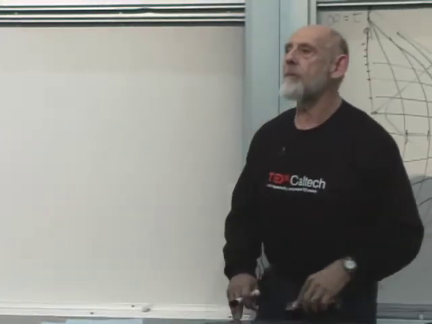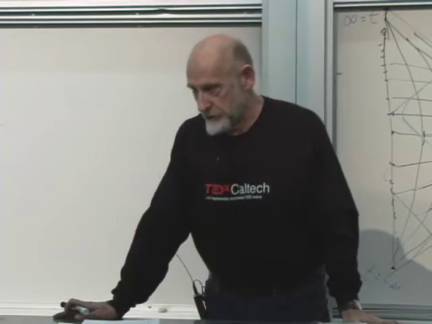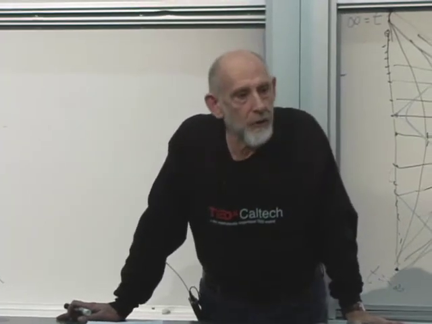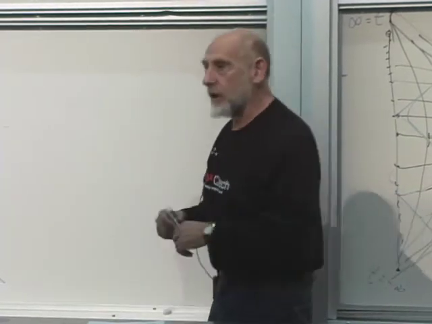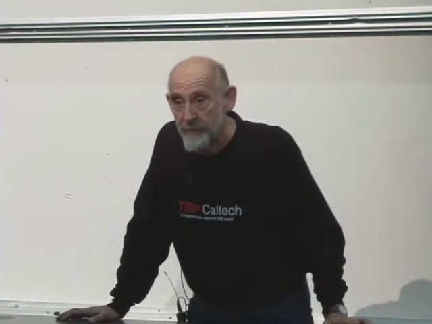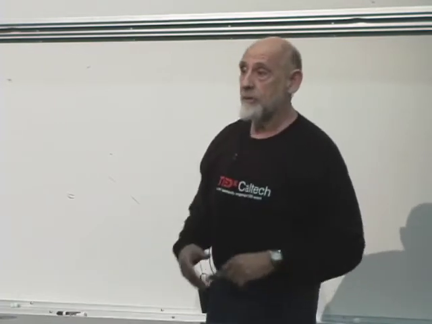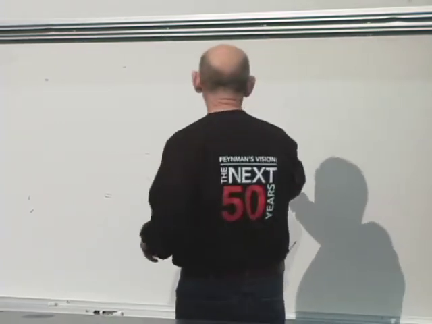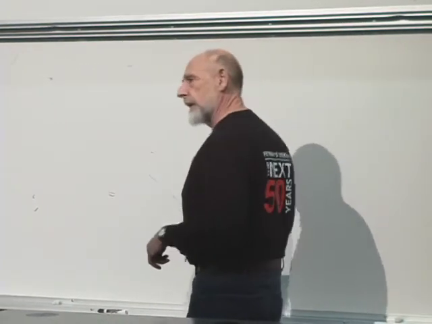Newton proved this. It's a theorem about 1 over r squared forces. 1 over r squared forces, such as the Coulomb force in electromagnetism or the Newtonian force of gravity, can be described by lines of force. I'll just remind you about lines of force. Here's your mass. Let's say it's a point mass.